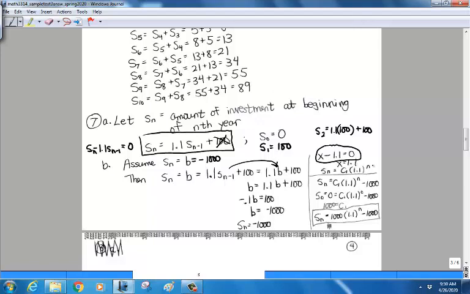So that means that our solution to the homogeneous recurrence relation is S sub n is equal to some constant, c sub 1, times 1.1, this solution, to the nth power. Now, I need to figure out what c sub 1 is, and I can do that by using my initial condition, S sub 0 equals 0.